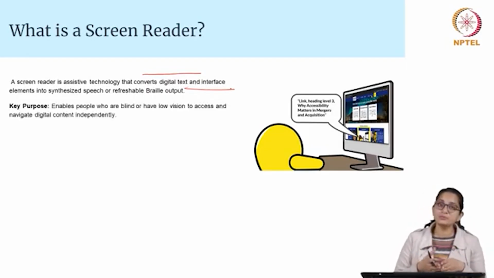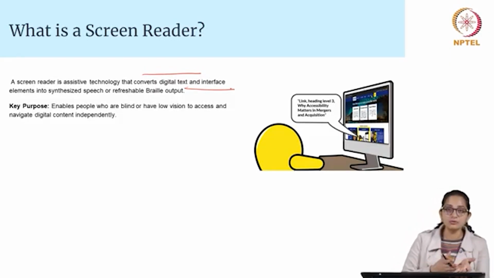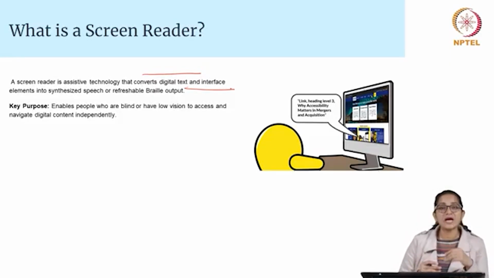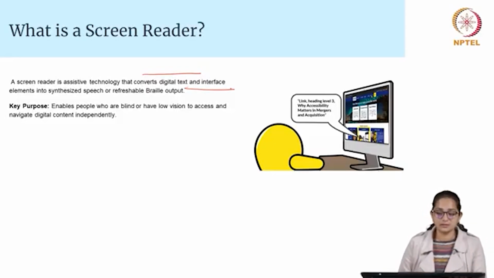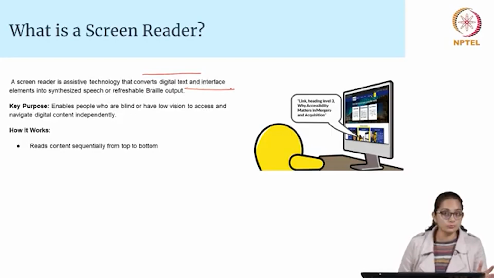So what is the key purpose of a screen reader? It enables people who are blind or who have low vision to access and navigate digital content independently. It works by reading content sequentially from top to bottom.